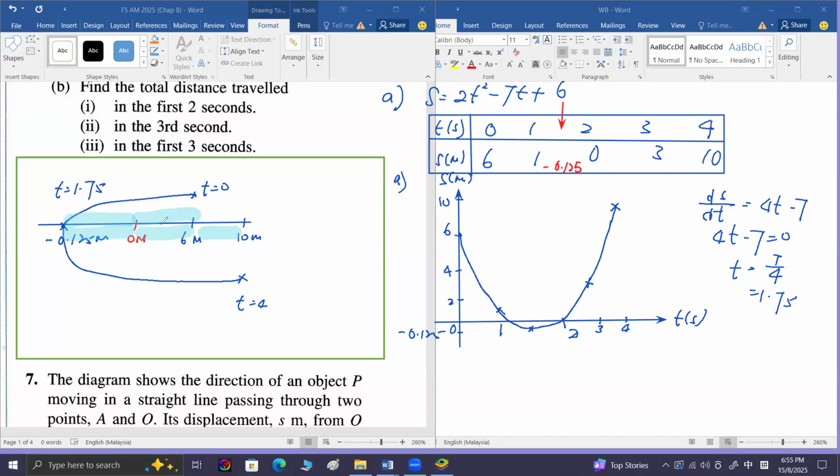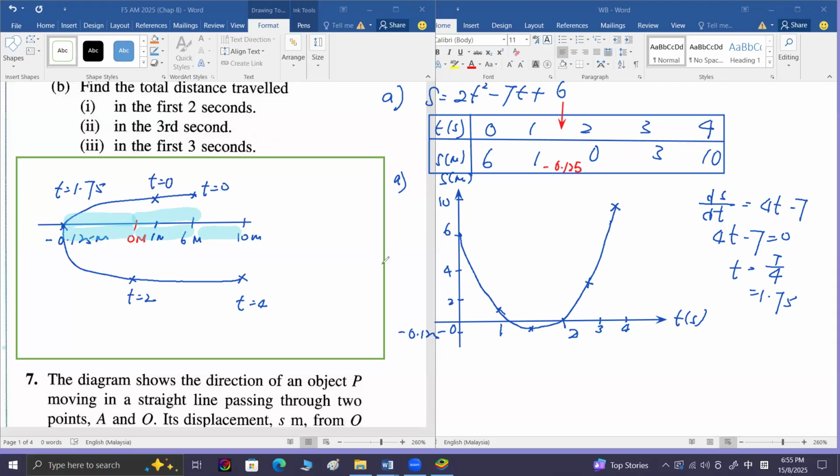T1, you're at 1. T2, you're at 0. Just like I said, 3 points: starting point, turning point, ending point.